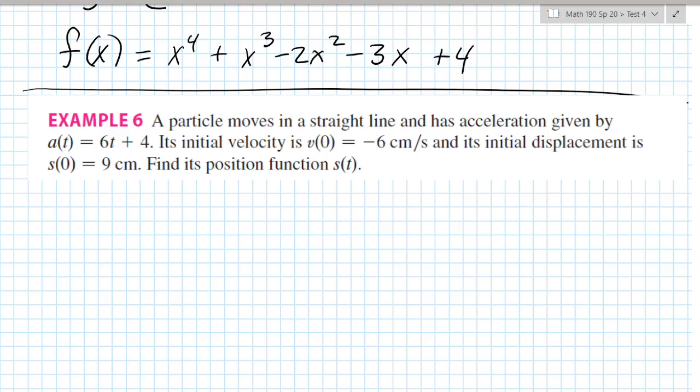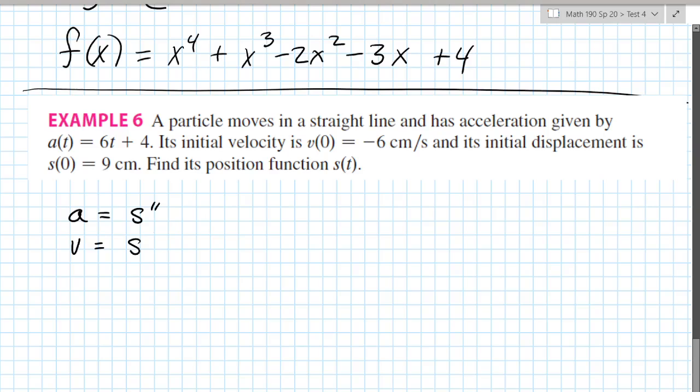So what we have to remember from our derivatives applications is that the derivative of position is the velocity, and the derivative of the velocity is the acceleration. So acceleration is the second derivative of position.